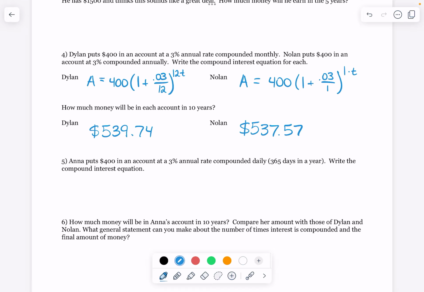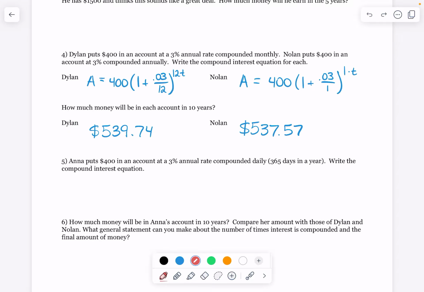So we see that at the same interest rate, one account grows faster because it compounds more frequently. So Dylan makes more money in that time, not a ton more, but in this case somewhat more, by compounding more frequently.